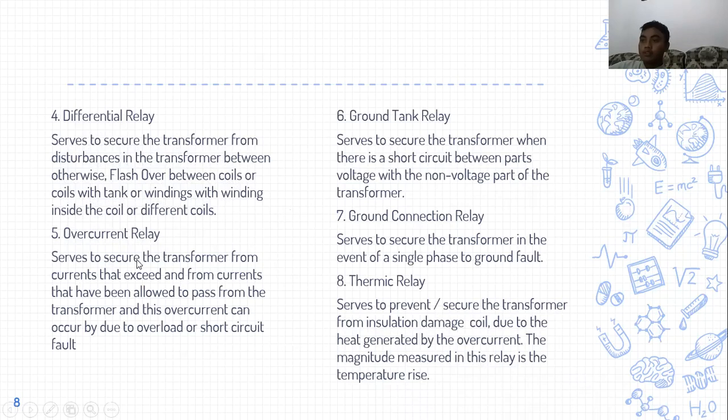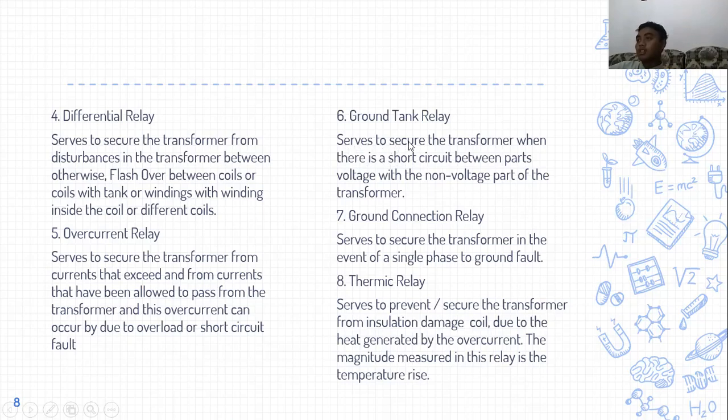It serves to secure the transformers from current that exits and from current that has been allowed to pass from the transformer, and this overcurrent can occur due to overload or short circuit fault. Number 6 is ground tank relay.